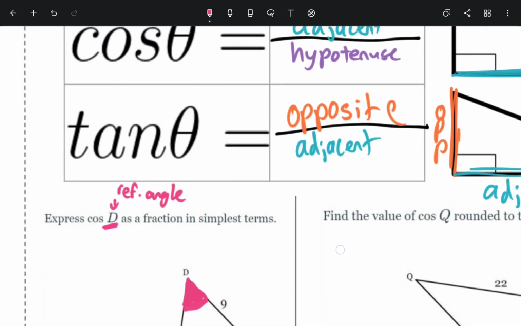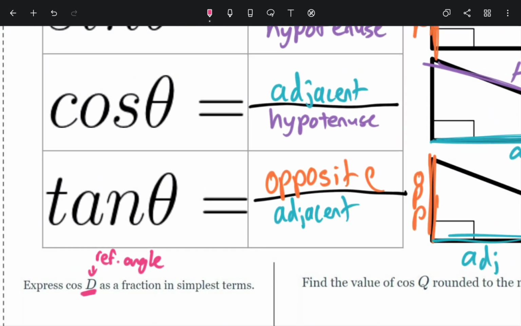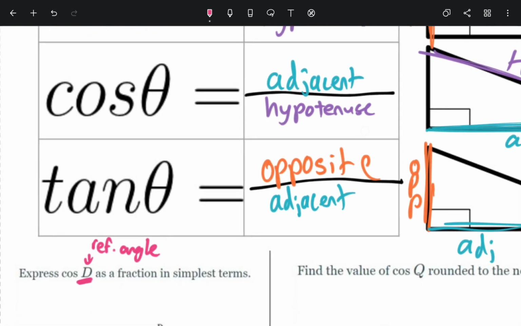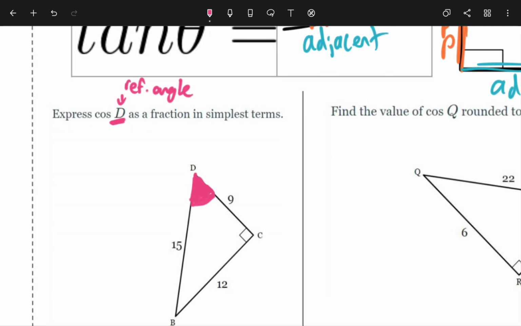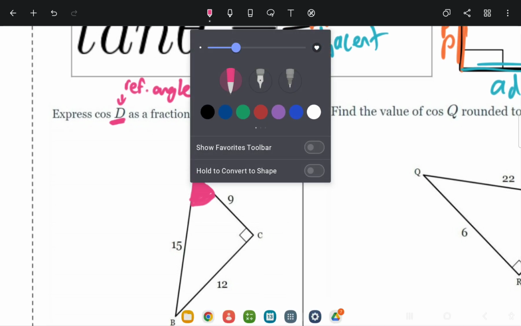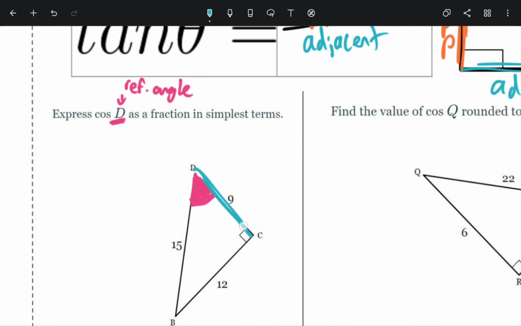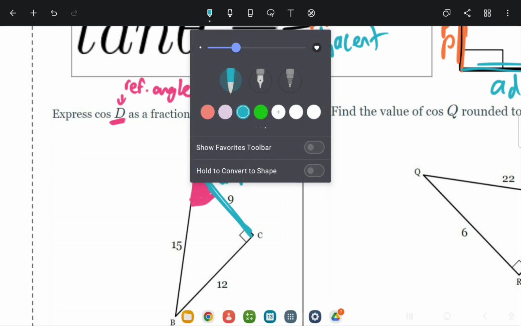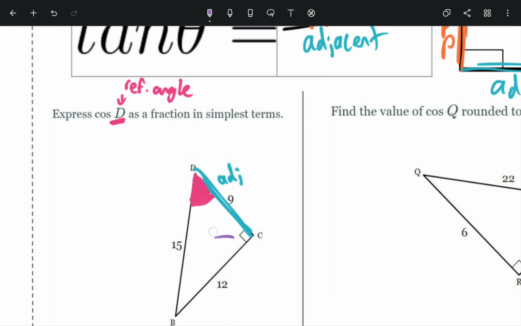Now, if we go back up here, we see cosine is equal to the adjacent divided by the hypotenuse. So our adjacent side is the side next to the angle, right here. And the hypotenuse is the side across from the right angle, right here.